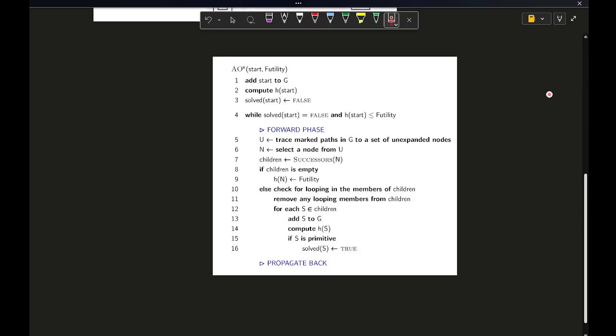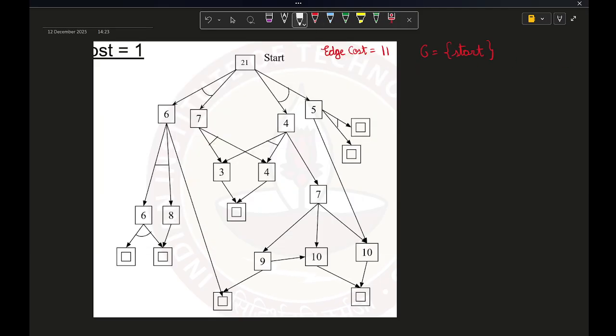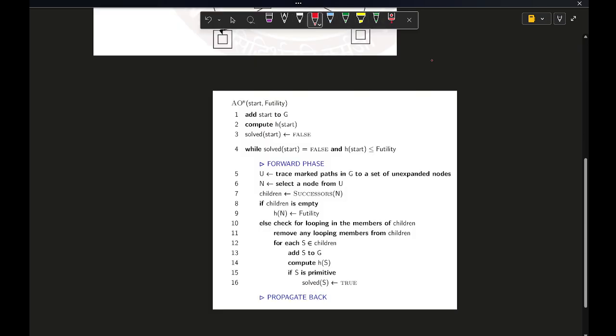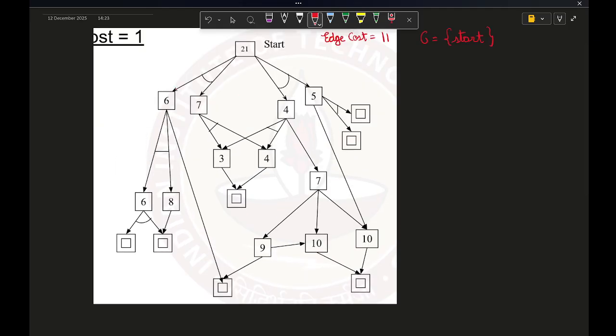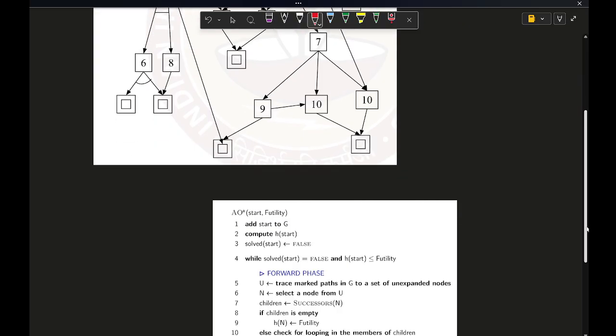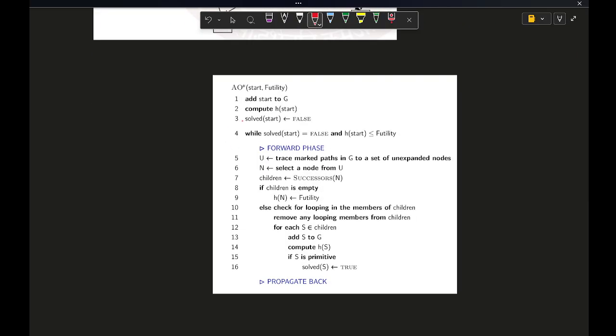Okay. So now there's two phases. There's firstly the forward phase and then there's the propagate phase. So you trace marked paths in G to a set of unexpanded nodes.